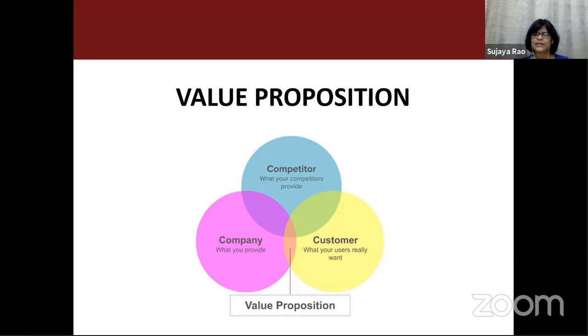And then the customer is trying to understand whether he or she will purchase it from you. What your users really want is something that you're trying to figure out here and actually convey it in specific terms. You're creating your branding aspect and statement right now.